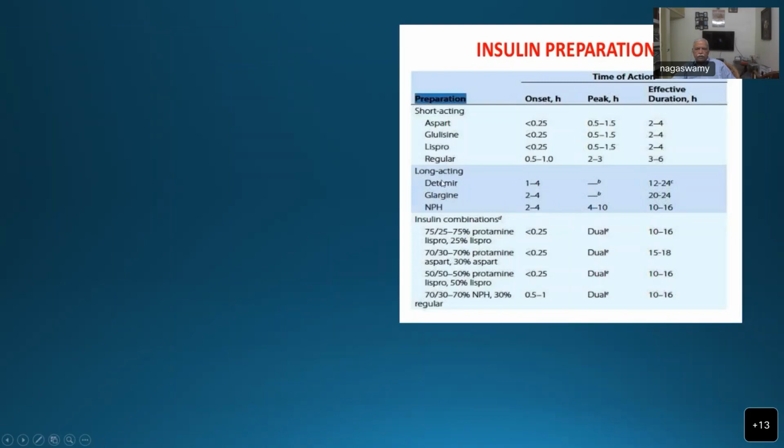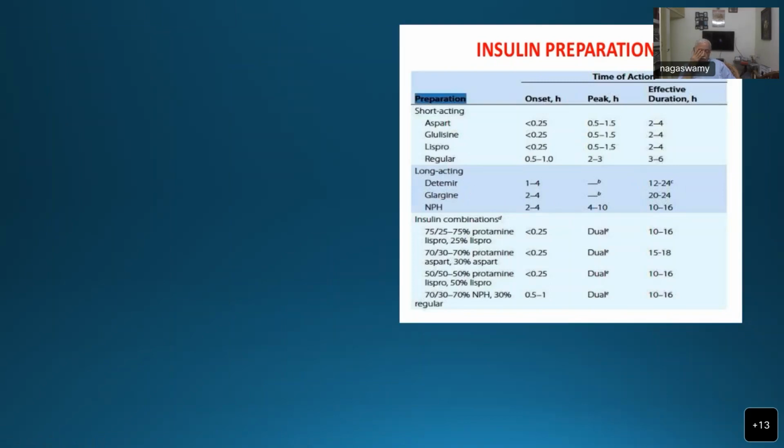How do you achieve this quicker action and long action? What is the molecular nature of the insulin which makes it short acting, intermediate acting, or long acting? What is the molecular nature of a normal insulin?